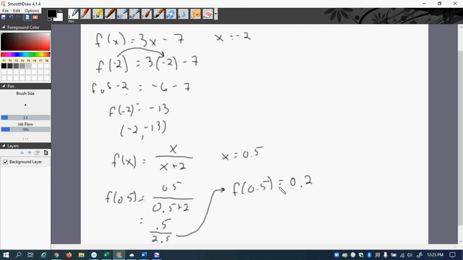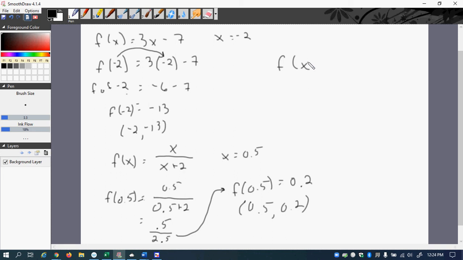And so here we have the y value here, and we have the x value here. So we actually have a point. So the point is 0.5 comma 0.2, or 5/10 comma 2/10.